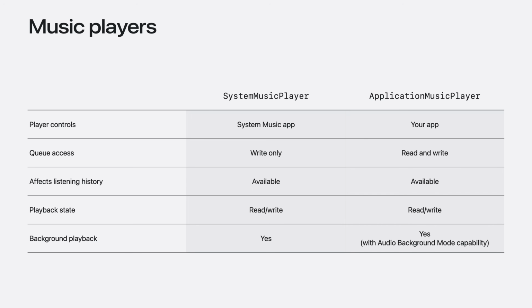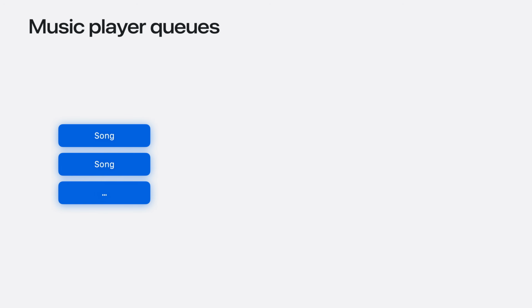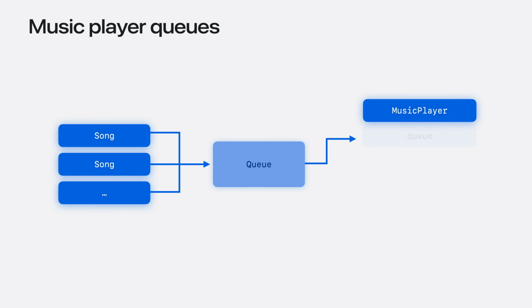For the same backgrounding behavior using ApplicationMusicPlayer, enable the audio background mode capability in the Xcode project settings. A queue consists of a collection of playable music items, such as songs. A queue is set on a music player. The music player's repeat or shuffle behavior is configurable by its state.